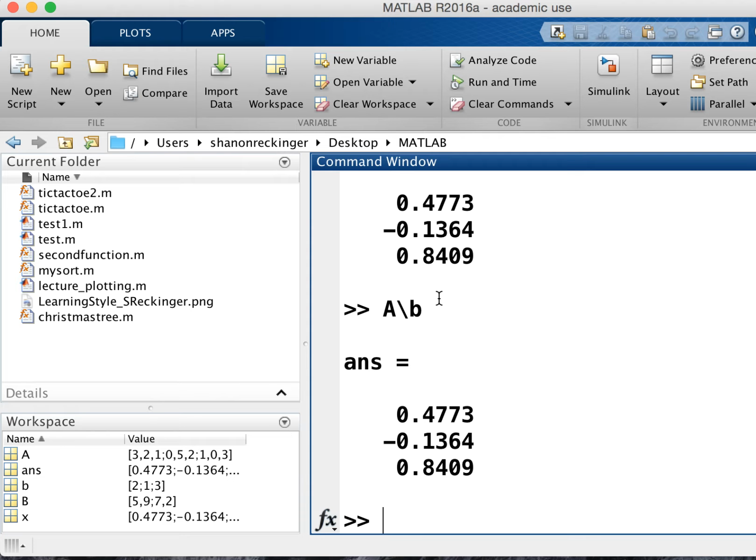This one is doing Gauss elimination, which is the same thing you're going to be programming in the lab. And this one is just inverting. So these are about the same cost, but this one is more expensive. Any questions about that?